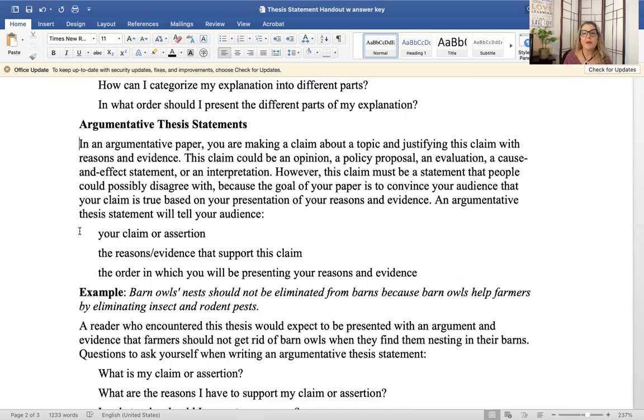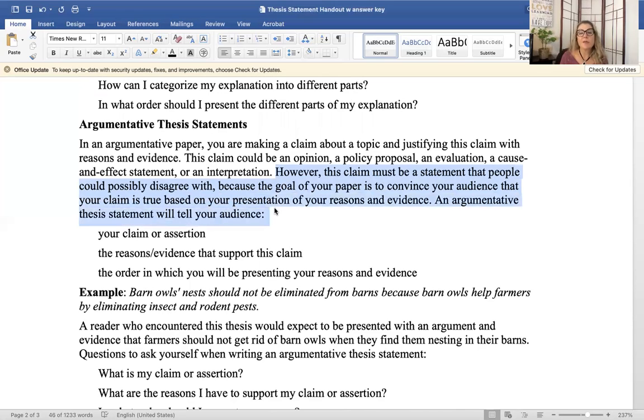And this claim could be an opinion, a policy proposal, an evaluation, a cause-effect statement, and so on. Again, you would want to look at the prompt provided by your instructor to determine what kind of argumentative thesis statement to write, okay? Now, this is important. I want to read this as well.